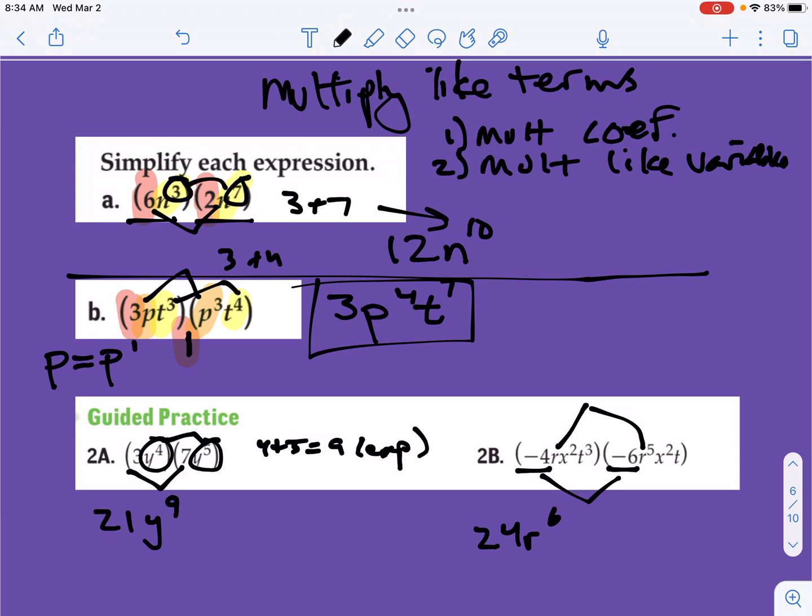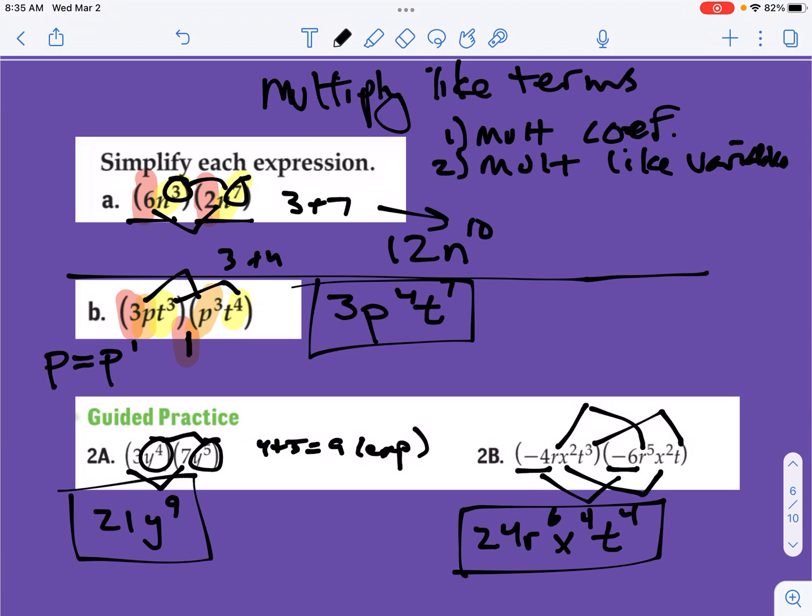And then my x's, I have 2 here, and then I have 2 here, so we have 4 altogether. And then my t's, I have 3 here, and then I have 1 over here, so you have t to the 4th power. So this would be your finished answers right here. 2a is 21y to the 9th, and 2b is 24r to the 6th power, x to the 4th power, and t also raised to the 4th power.